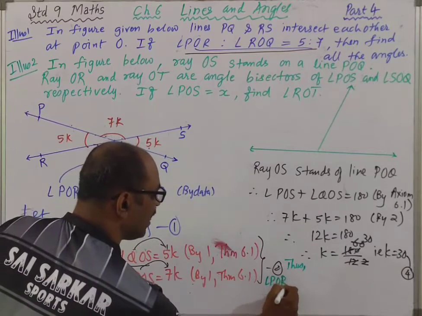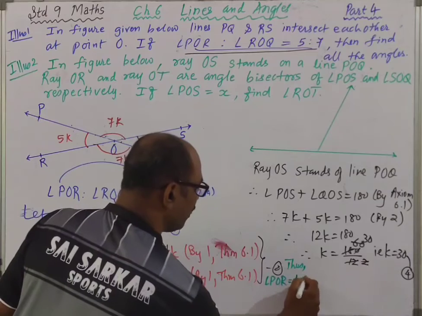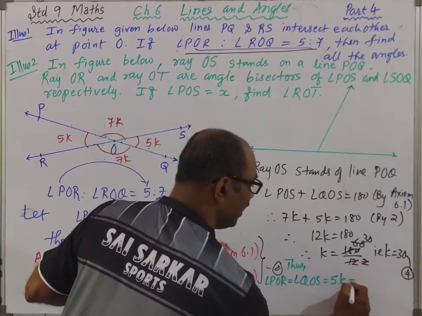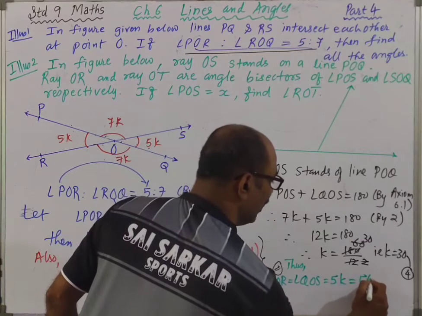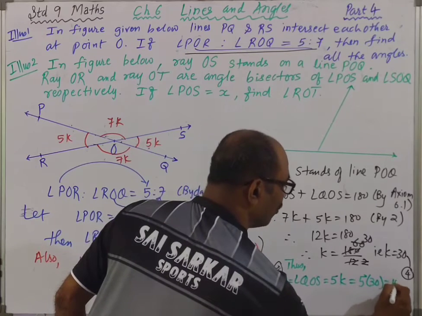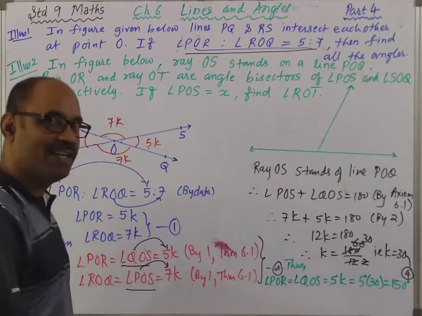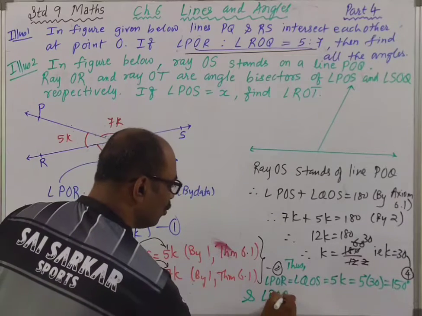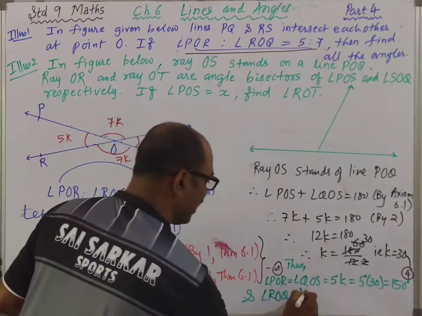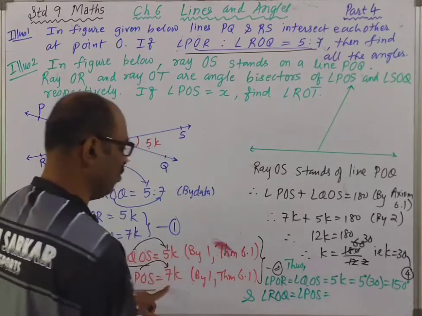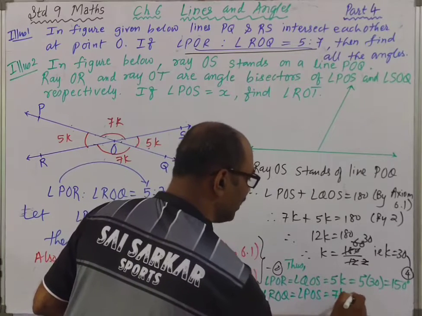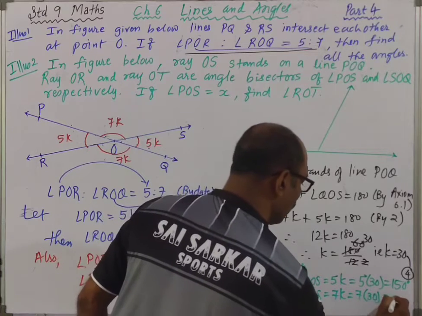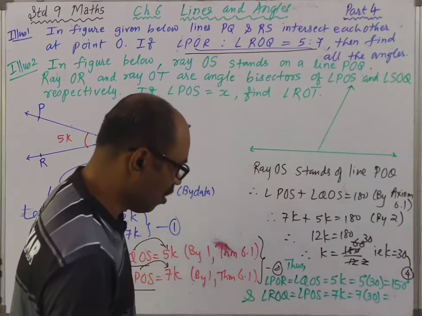Thus, angle POR is equal to angle QOS is equal to 5K is equal to 5 into 30 is equal to 150 degree, and angle ROQ is equal to angle POS is equal to 7K, and that is equal to 7 into 30, that is equal to, children, something is wrong here.